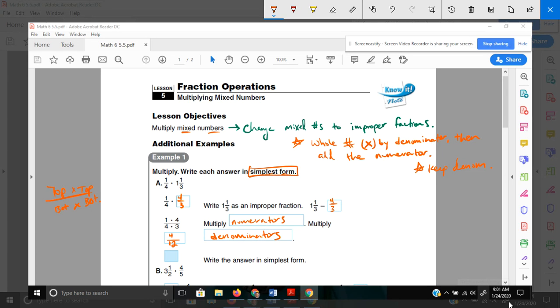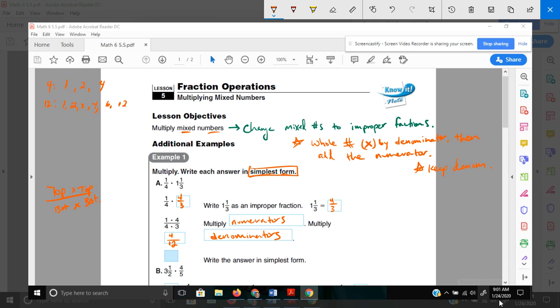What is the greatest common factor of 4 and 12? Well, if you don't remember how to find it, remember, factors are the numbers that multiply to get to that number. So 1 times 4 and 2 times 2 would be the factors of 4. The factors of 12 are 1 times 12, 2 times 6, and 3 times 4.